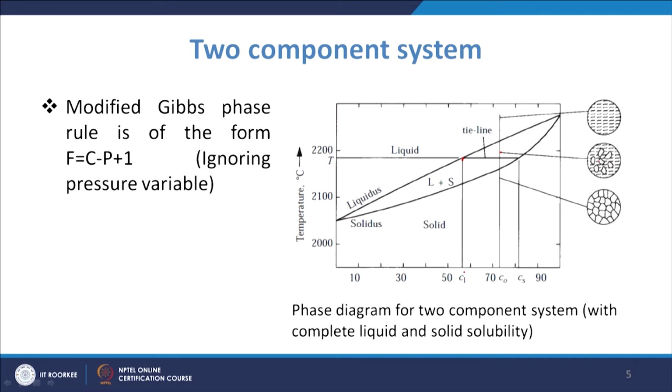The liquid will have composition Cl and the solid formed will have composition Cs, and when you come to this point, it is completely solidified and will have the composition C naught. So the tie line tells you the composition of the phases.